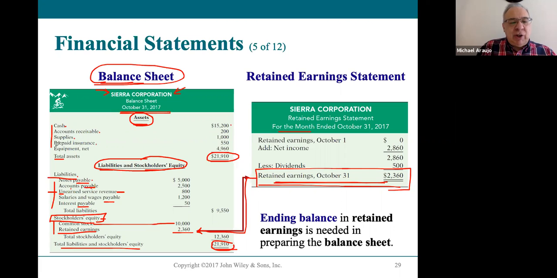Insurance, when you buy insurance, like I said, you're buying insurance for a period of time, usually a year, right? So when you buy insurance, it's actually your asset because you have purchased a whole, say a full 12 months of coverage. However, after every month, you've used up a portion of the coverage.